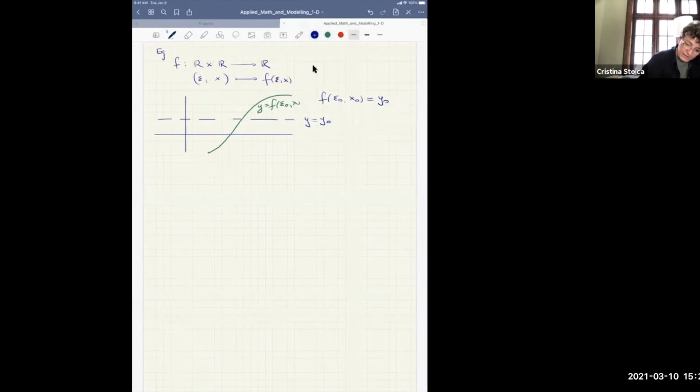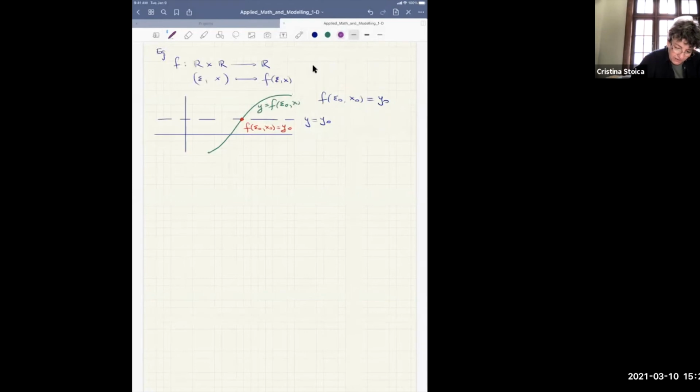The value where f at epsilon naught, x naught is y naught is like the equilibrium of ODEs. That's exactly where we're going to apply this, and that's why we're doing this: persistence of roots of equations, which we see as equilibria. And the derivative we're talking about, that is non-zero, is exactly the slope here.